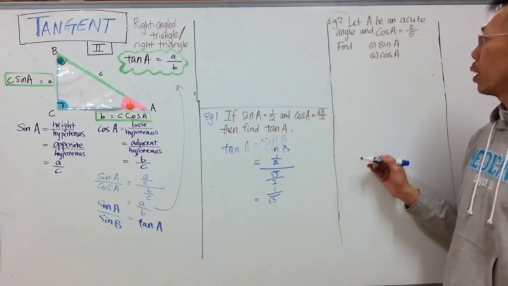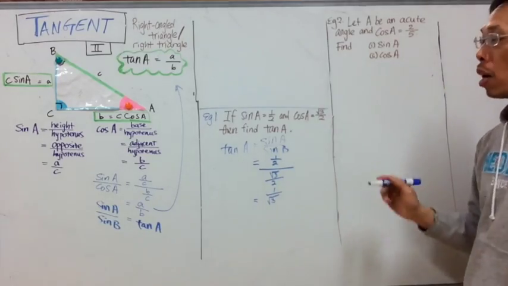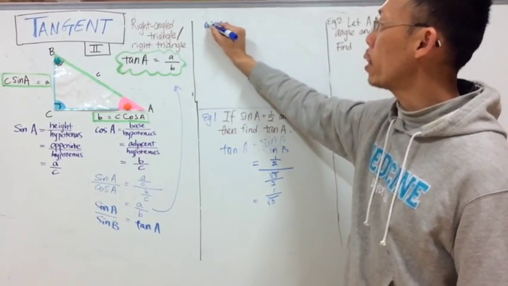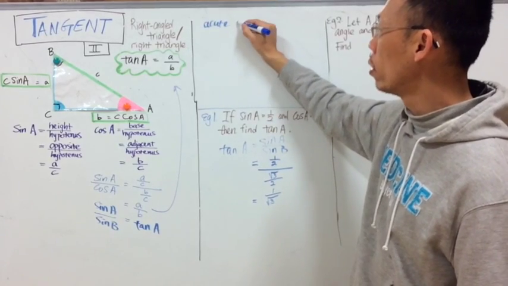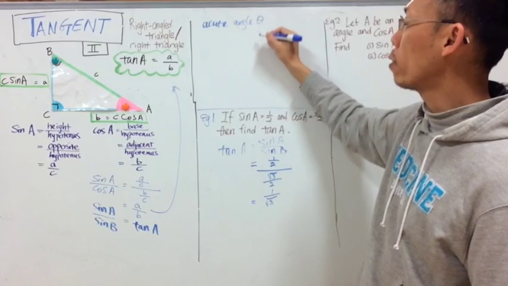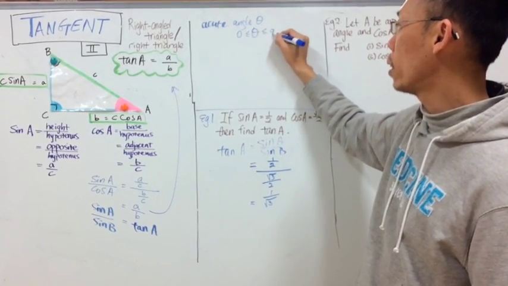Then we can look at another example. Now, let A be an acute angle. An acute angle theta is between 0 and 90 degrees.